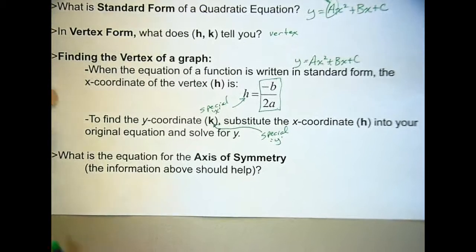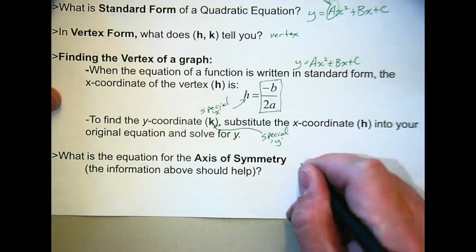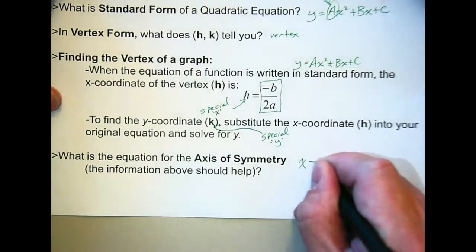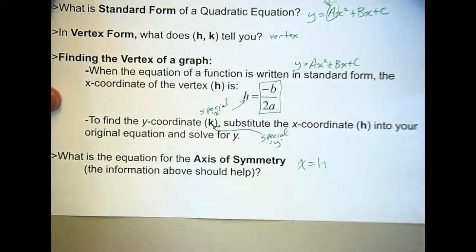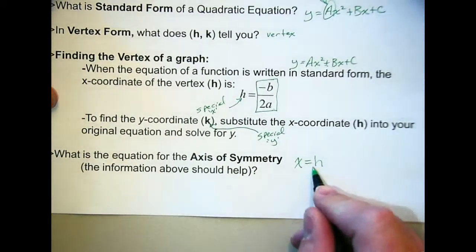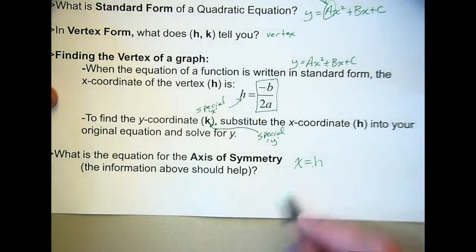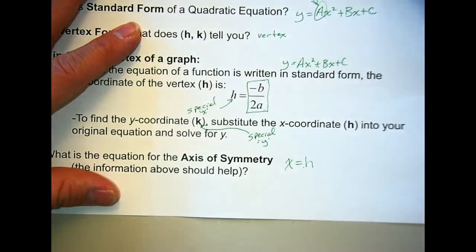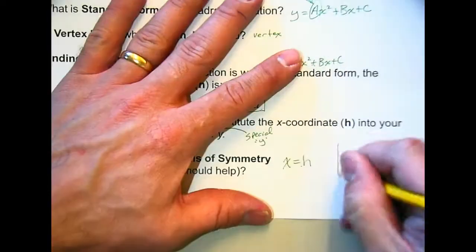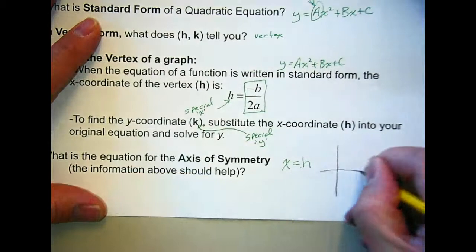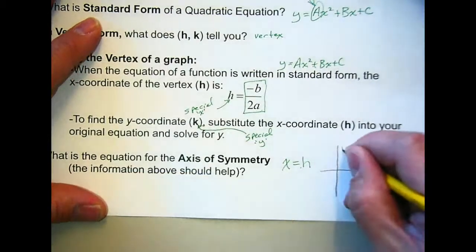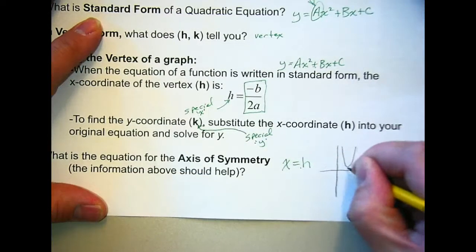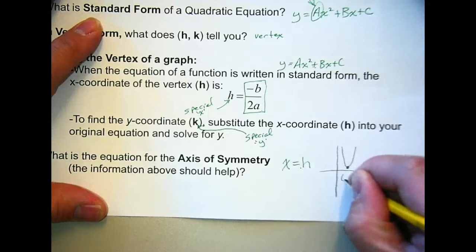Remember the equation for the axis of symmetry is x equals h. Once we find h, if we say x equals that number, that's our equation of the axis of symmetry. So if you recall our graphs, when you're looking at a graph of a parabola, this is my vertex at the ordered pair hk.